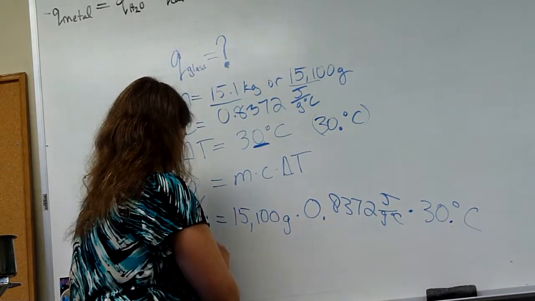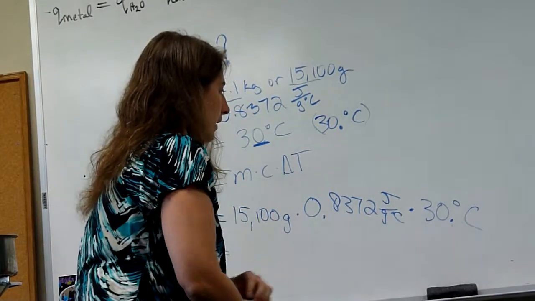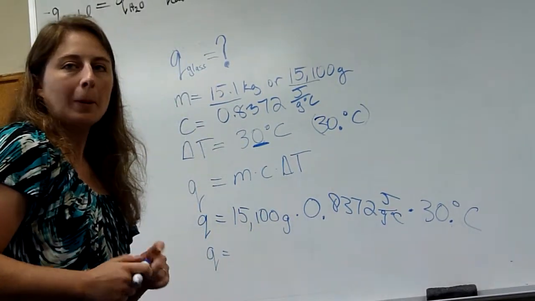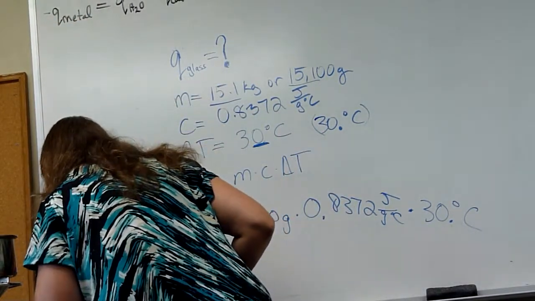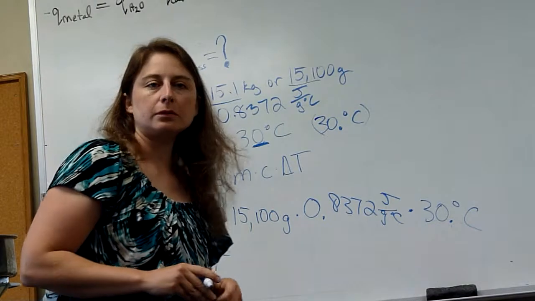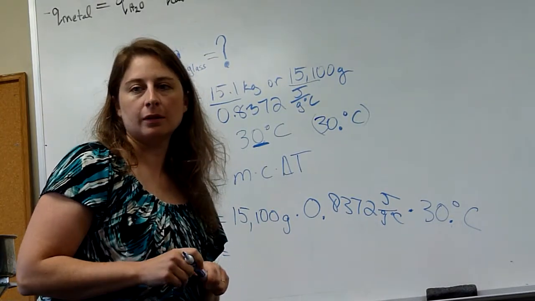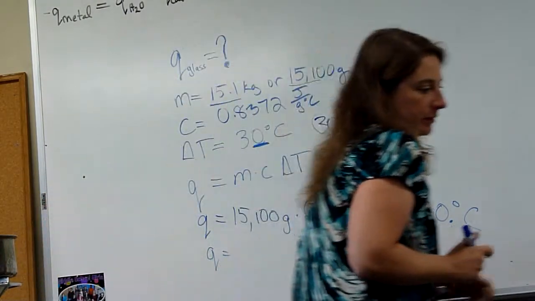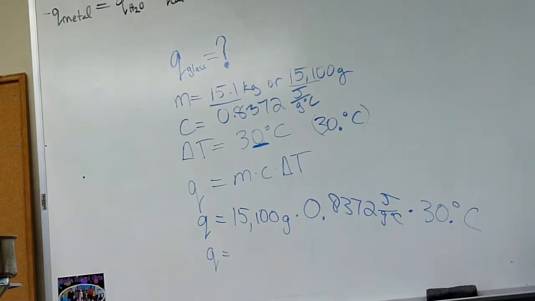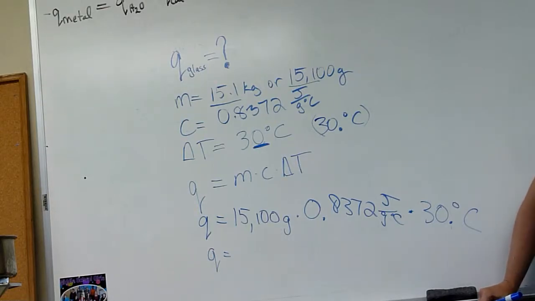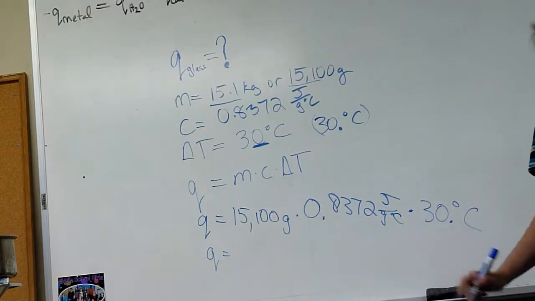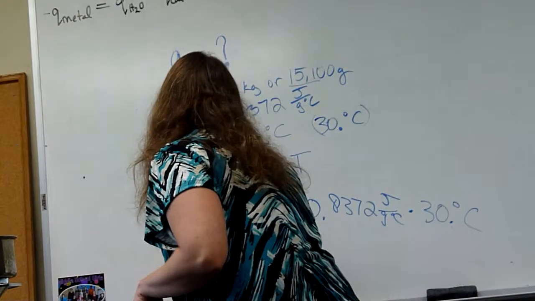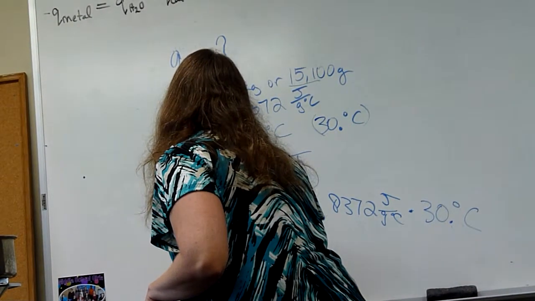And then plug that all into your calculator, and what do we get? Three point 8 times 10 to the 5.